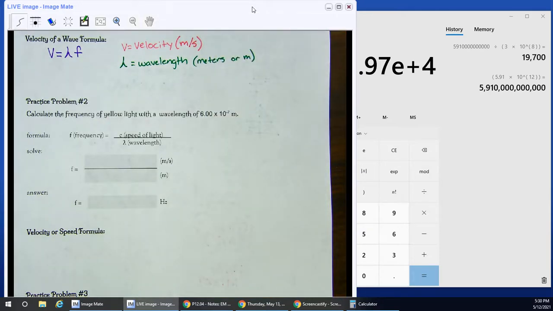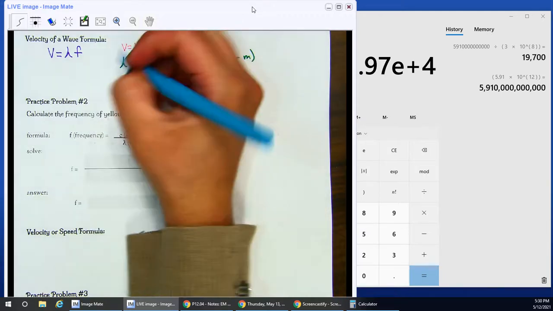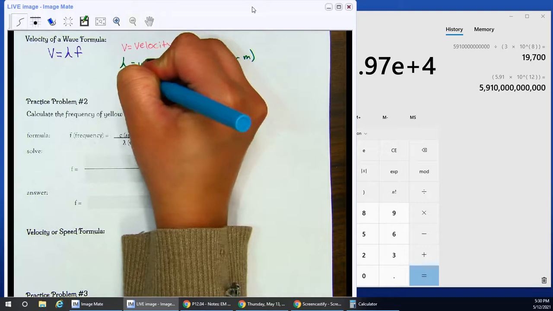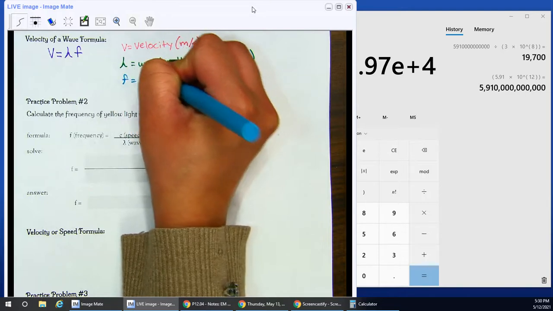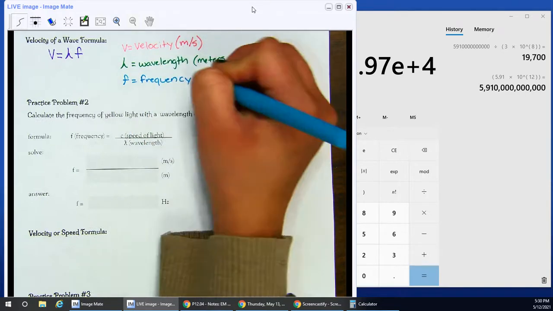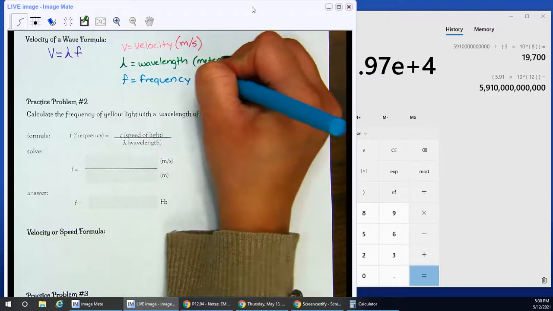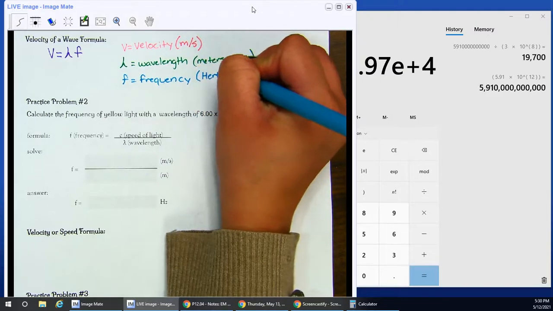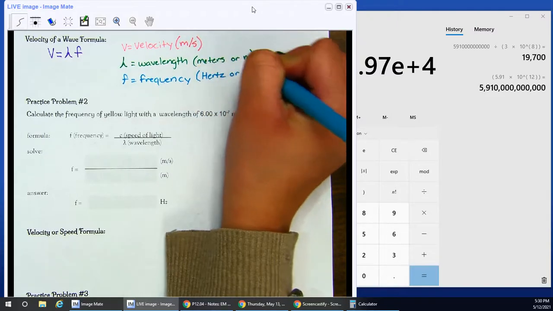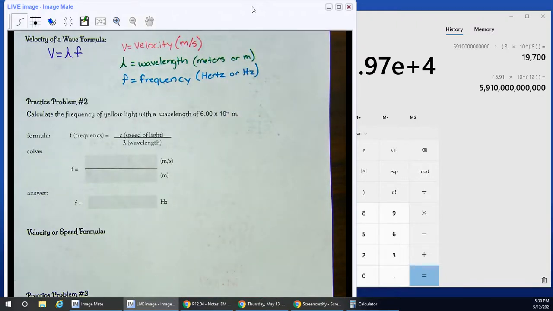And then my F stands for frequency. And that's going to be measured in hertz or Hz. Again, we've done this formula before. Hopefully it's not too hard to remember. Let's go with our practice problem.